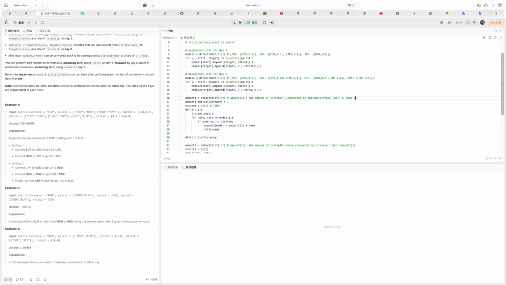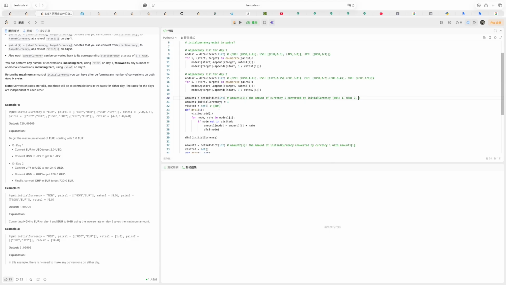Okay, so we'll have USD equals euros value multiplied by rate, which has a rate of 0.5. Oh, sorry, it's 2. So we'll have 2. Then we will have DFS1 with USD.